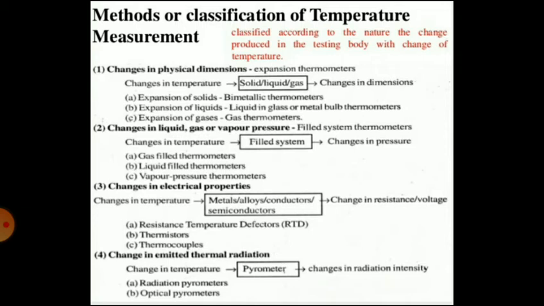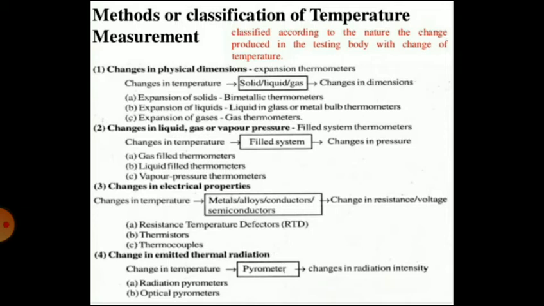A change in temperature will cause changes in dimensions, and that change in dimensions can be measured to measure the temperature. Second category is changes in liquid, gas or vapor pressure. When there is a change in temperature, there will be changes in pressure, and that change in pressure can be measured to measure the temperature.